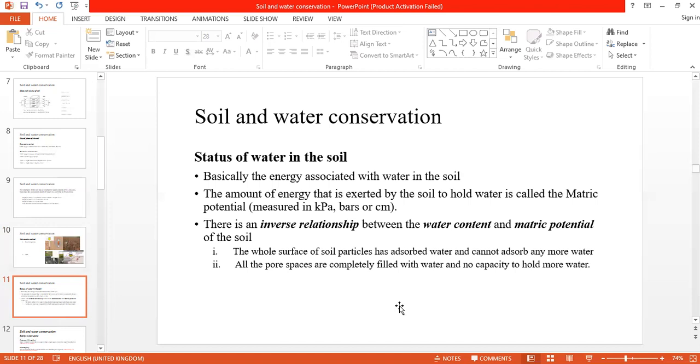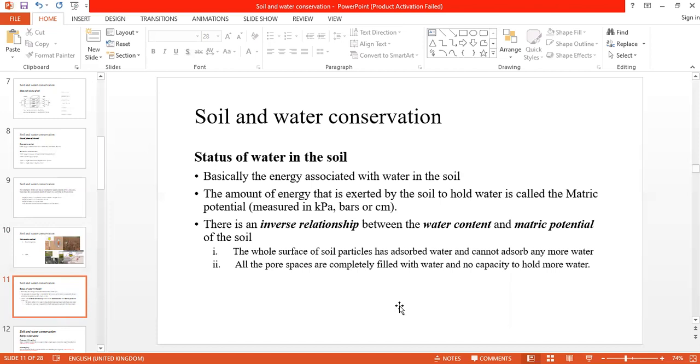When you're adding water to a dry soil, that water will be held by the soil particles. So the soil particles have to exert a certain amount of energy to hold that water. That amount of energy is what we call the matrix potential.